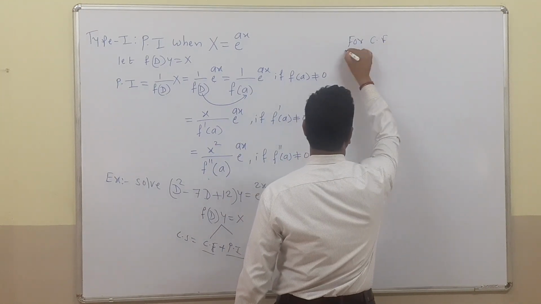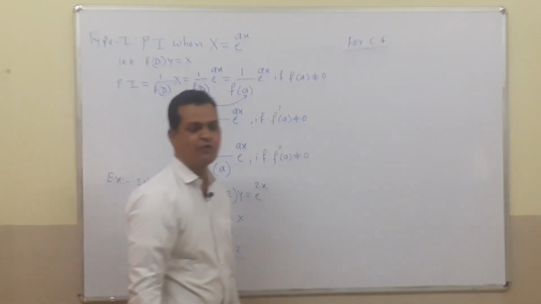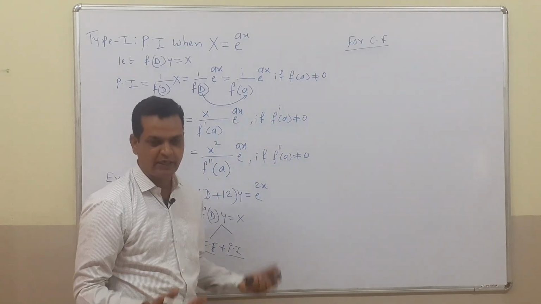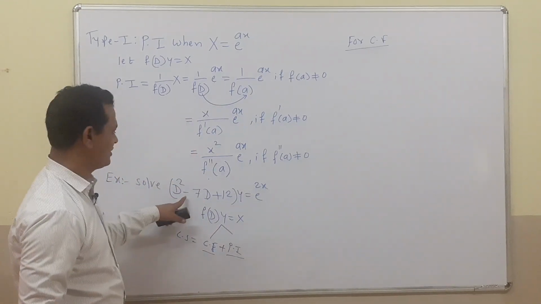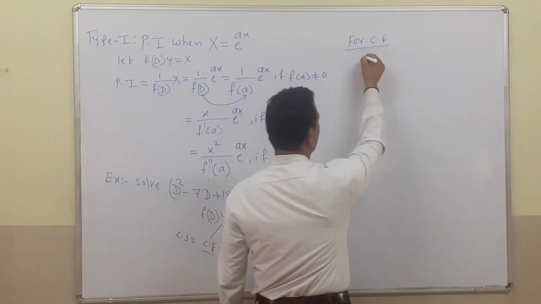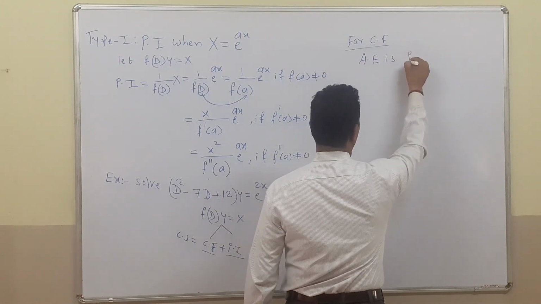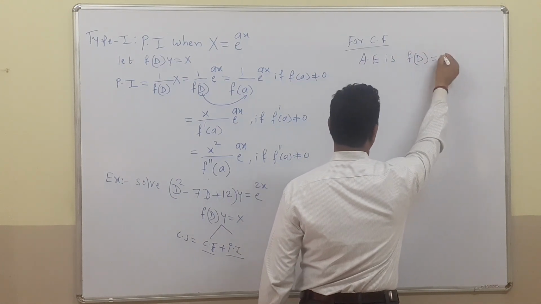We know that the complementary function is obtained by solving the auxiliary equation. So what is the auxiliary equation of this equation? The auxiliary equation is f of D is equal to 0.